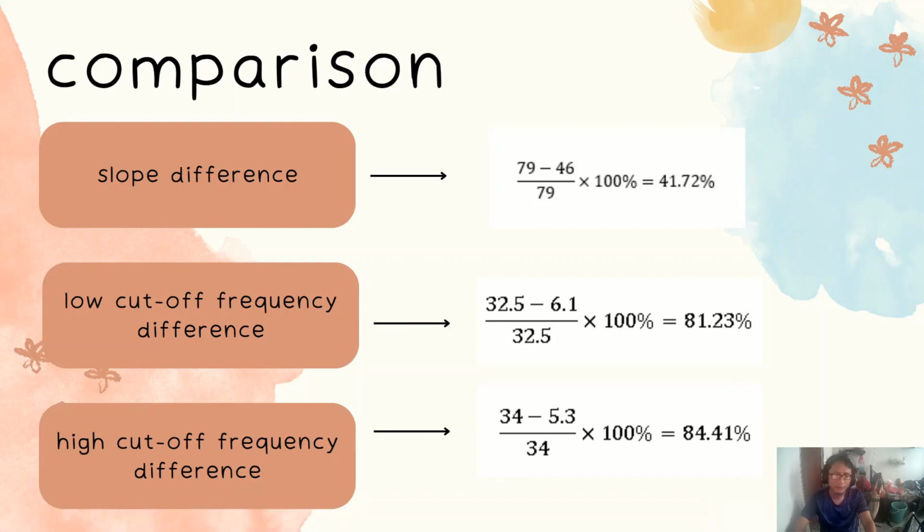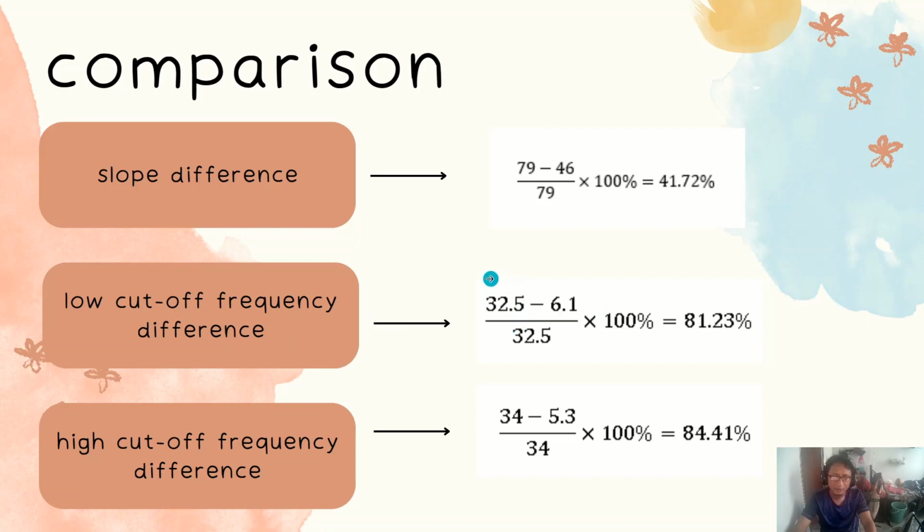You can see the source difference: in simulation we got 79, and in hardware we got 46. So we get an error of 41.72%.